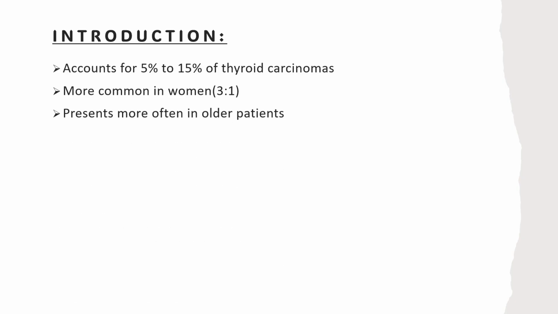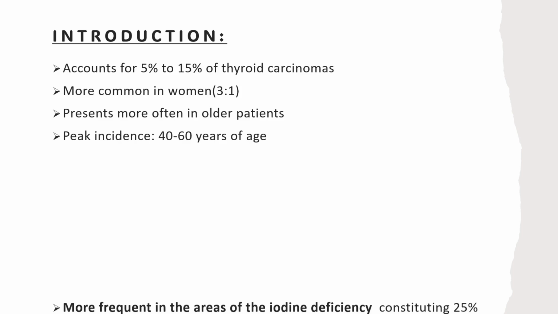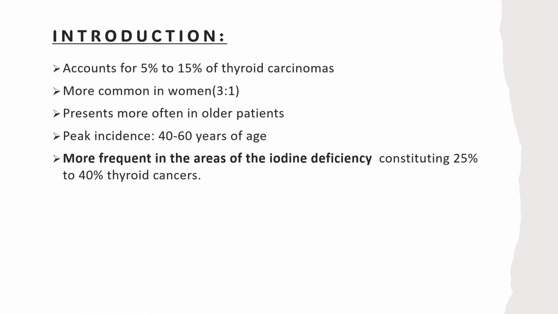It most commonly affects older patients, and the peak incidence is 40 to 60 years of age, and it is most frequent in the areas with iodine deficiency. So this follicular thyroid carcinoma is also called thyroid carcinoma of iodine deficient areas.